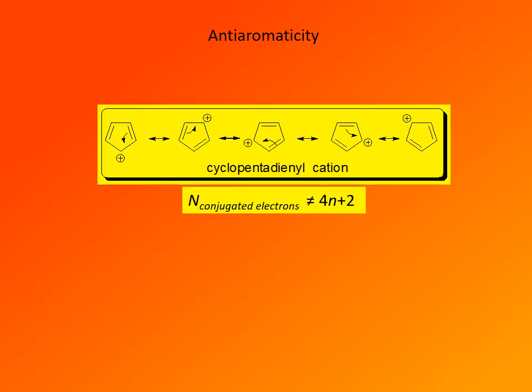And that's because it does not satisfy the requirement that the number of conjugated electrons in a ring has to be 4n plus 2, where n is a whole number. We can see that there are only 4 conjugated electrons in the ring. So this species is actually destabilized by electron delocalization.